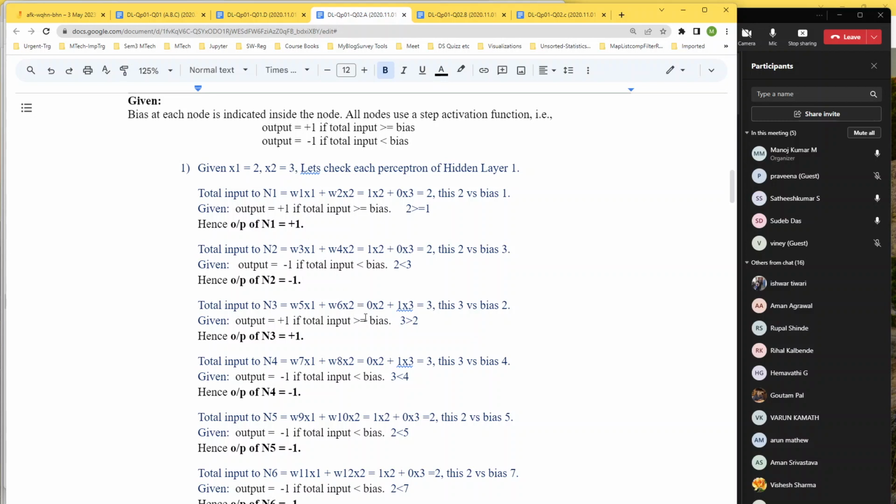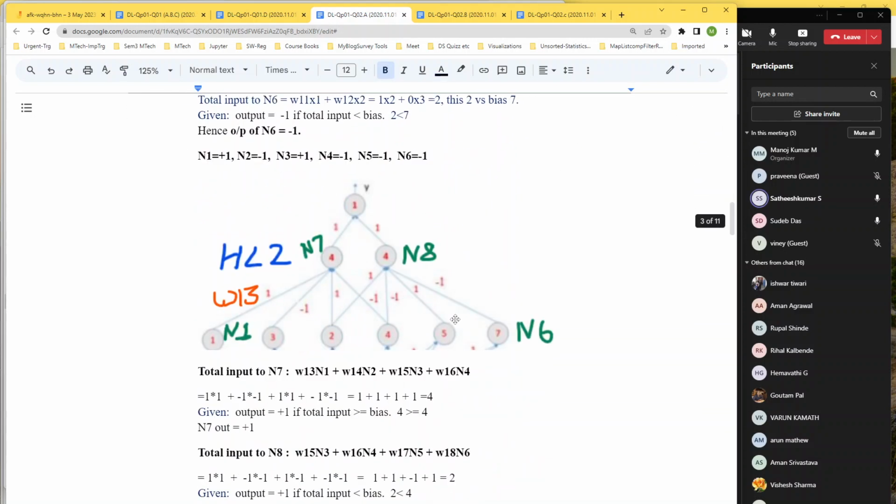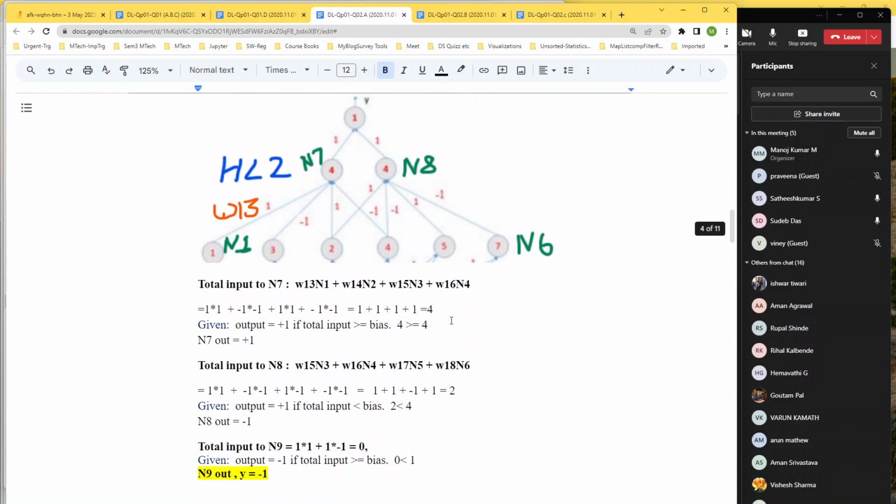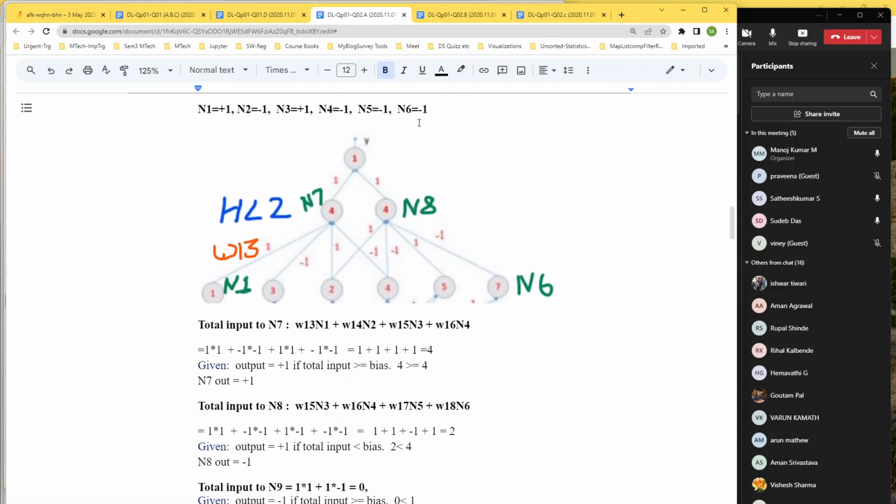It's a 2 and 3 question, right? 2 comma 3, X1 is 2. So N2 is -1. So -1 into -1 is going to be +1. I have put it here for convenience.